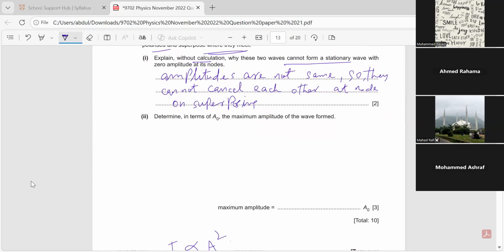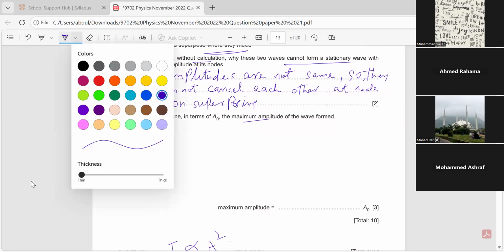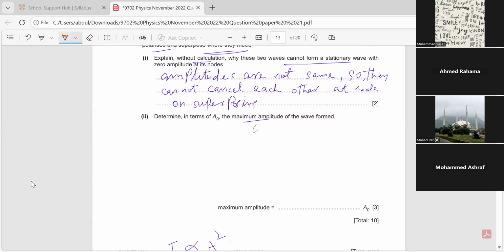Now, next again 3 marks. Determine in terms of A naught the maximum amplitude of the wave formed. The maximum amplitude of the wave formed. Maximum amplitude, it means for maximum amplitude, my dear sons, there should be constructive interference.